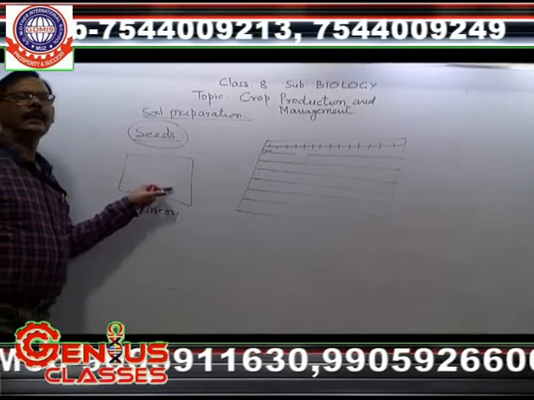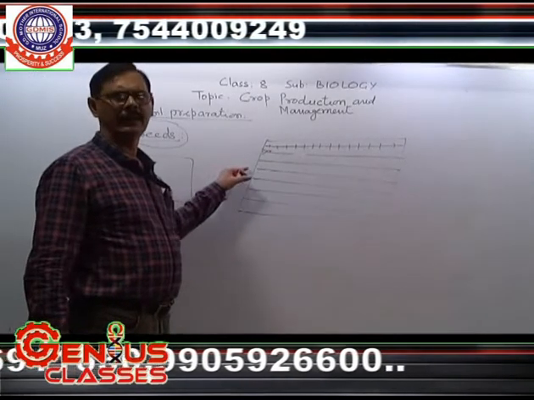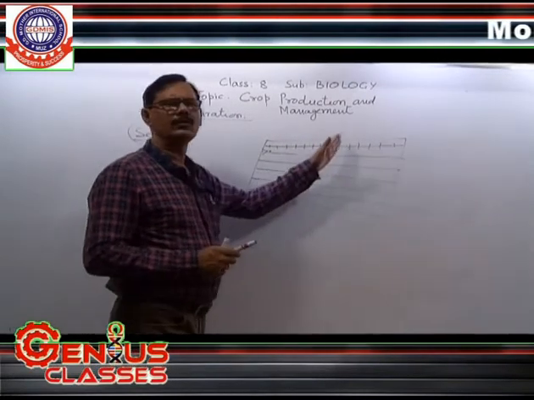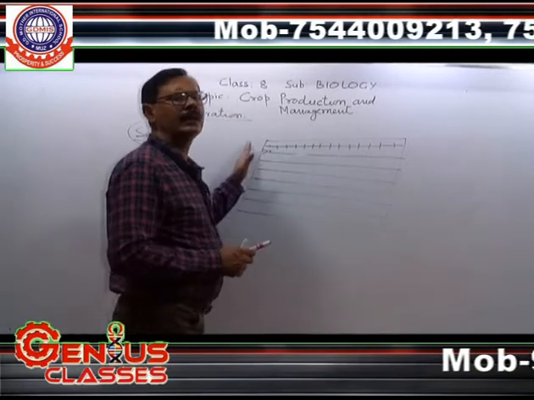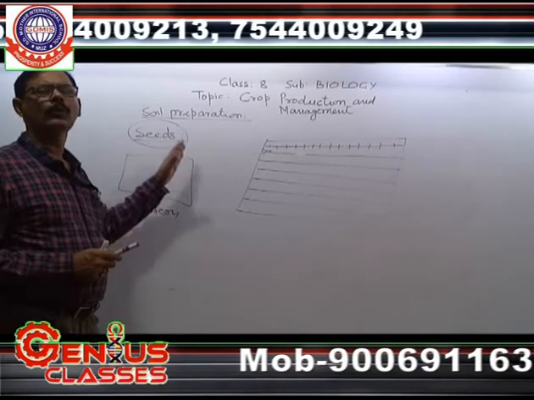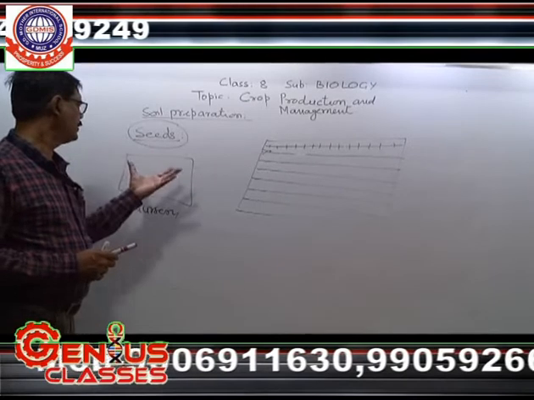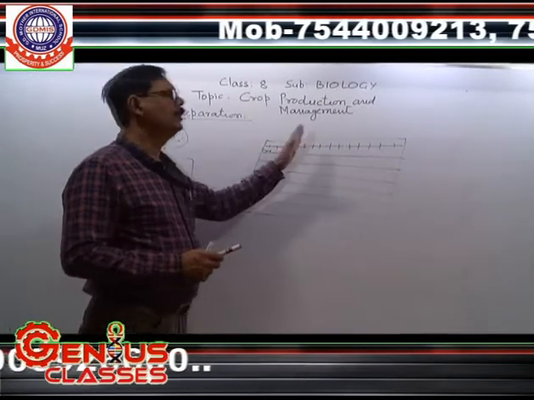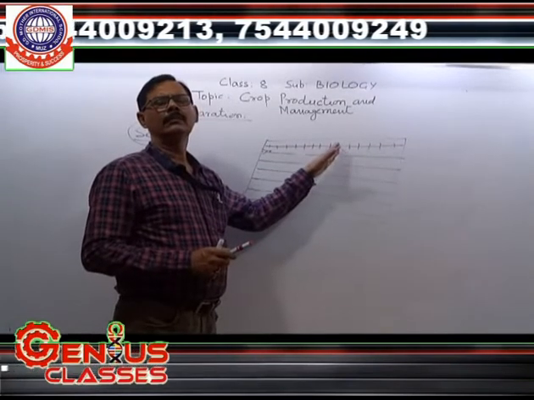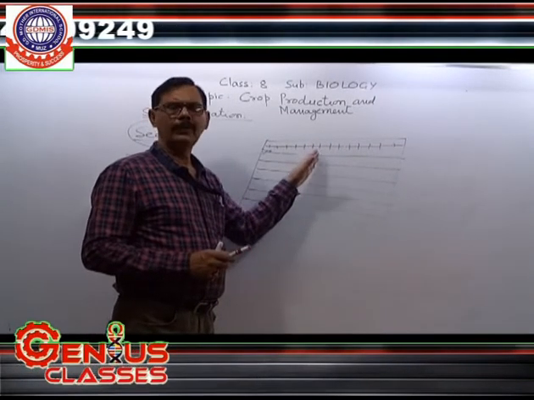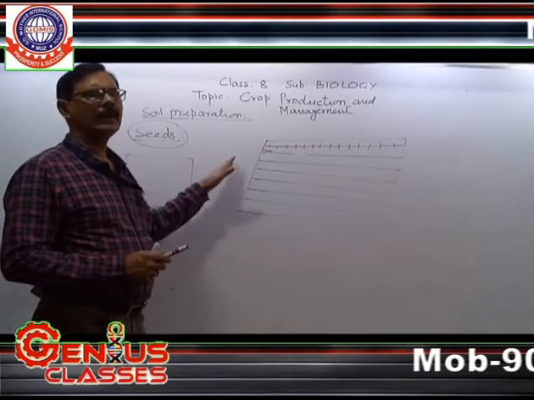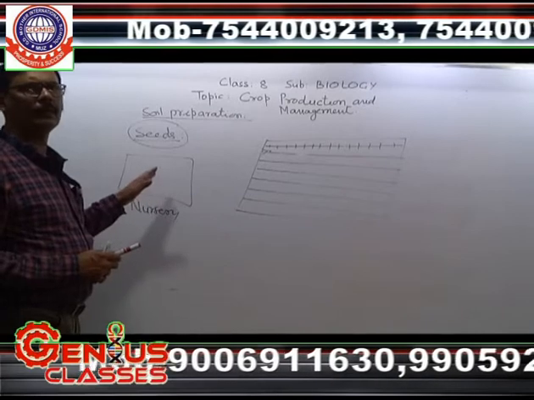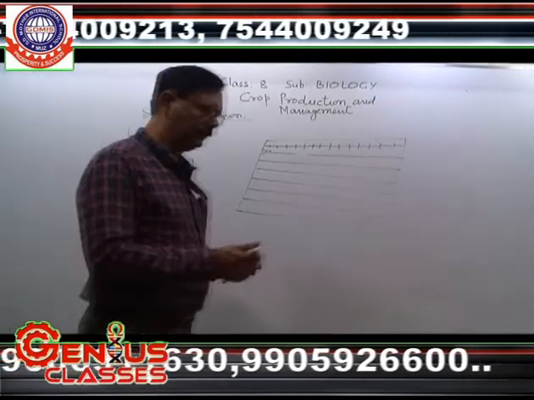While transferring, proper distancing is maintained so that each plant grows properly. So they are first grown in the nursery, thereafter transferred into the well prepared field, and in the appropriate time they get ripened and we get our products.